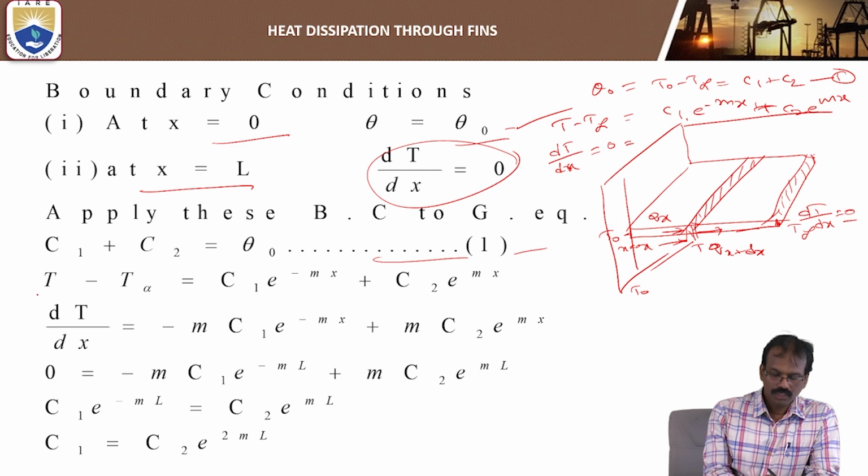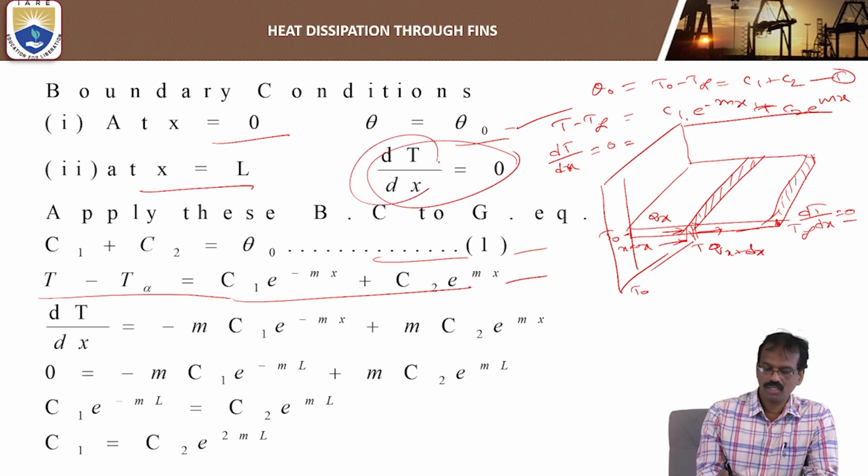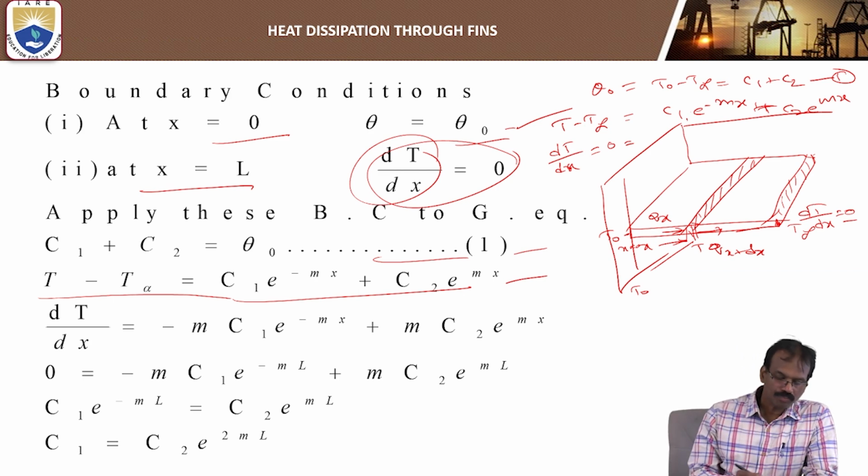It means T minus T infinity is equal to C1 e to the power of minus mx plus C2 e to the power of mx. This is the general equation. If you take the derivative with respect to x, you will get this value, then you can equate that equation to 0. So derive this dT by dx.